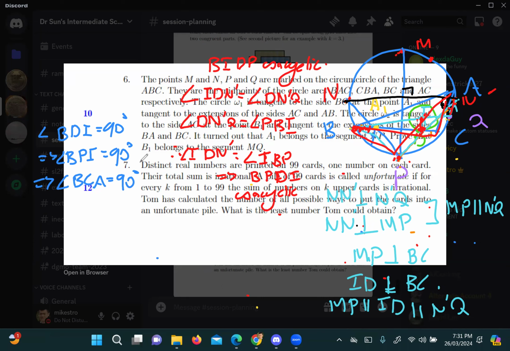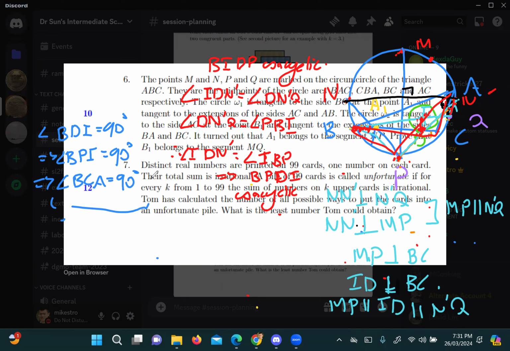Okay. And the reason that's true is because the angle at D is 90 degrees, right? Because the tangent is BC and the radius is ID. I feel like I'm just slower than you, just slowing the class. Okay. So we basically get an equivalent condition, which is angle C is 90 degrees.